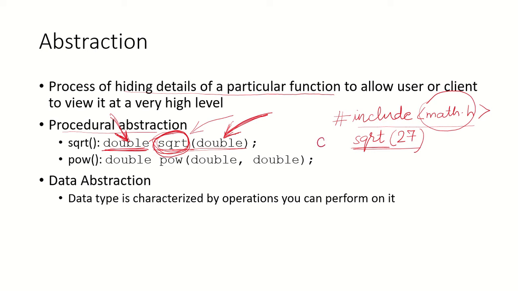So if we have a variable, say for example c, from where we can collect this value of square root of 27, then we would be able to get this value. However, we just know this prototype. We don't know the internal working of this particular function.